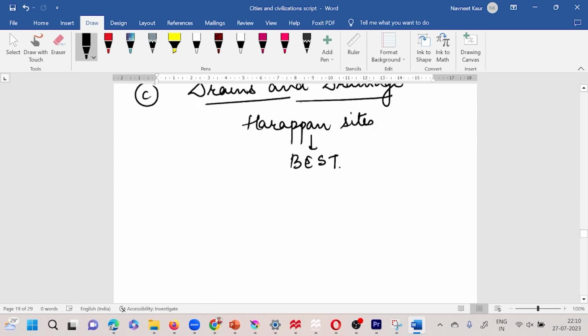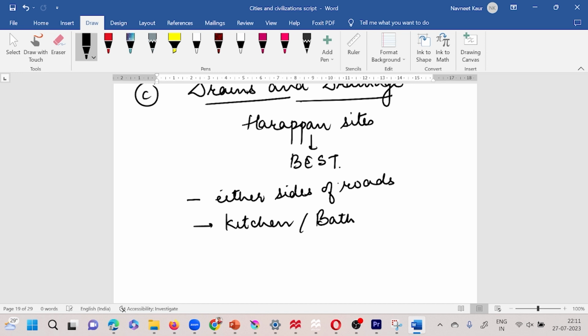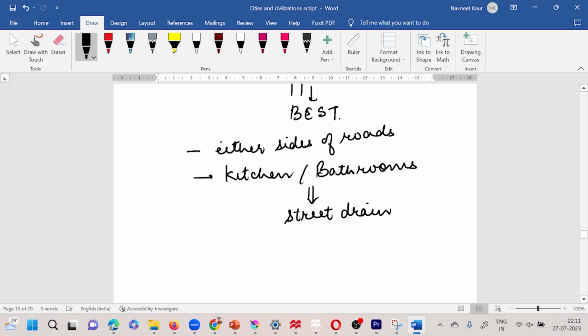The drains were constructed on either side of the road, and even the kitchens and bathrooms had drains that were connected to the street drain, and they were covered with slabs of stones, which could be removed to clean them.